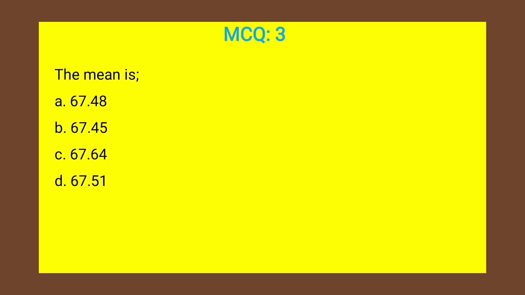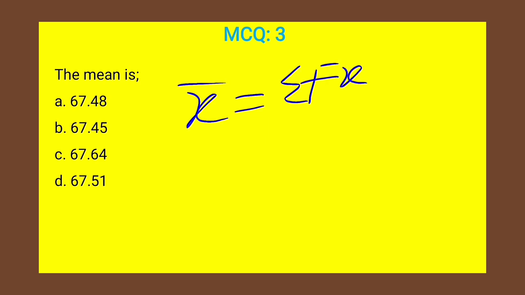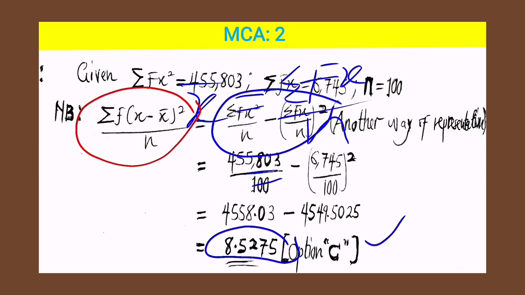Question 3, they're asking us to find the mean. The mean is equal to summation f of x over n. That is the formula, and then you substitute. Remember, our summation f of x in the question was given as 6,745, and n was 100.